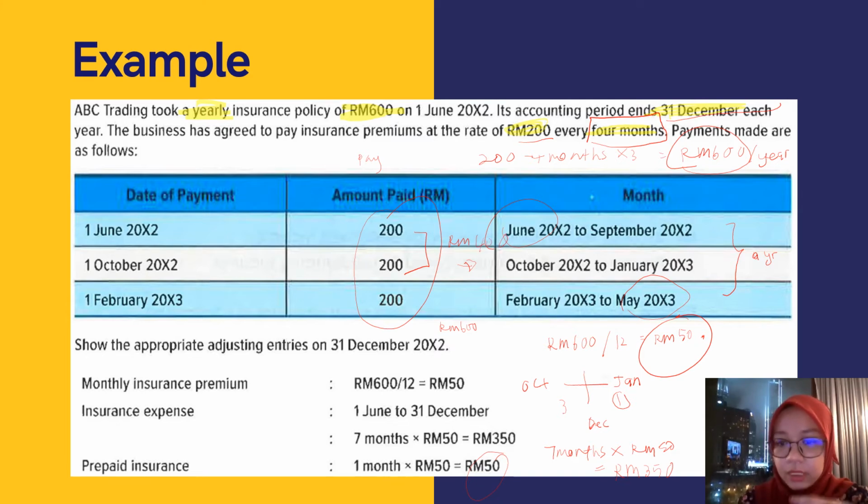So we divide 400 ringgit into 350, the expenses of the current year, and 50 ringgit, the prepaid in advance. How we record these two, we will look at in the next slide.